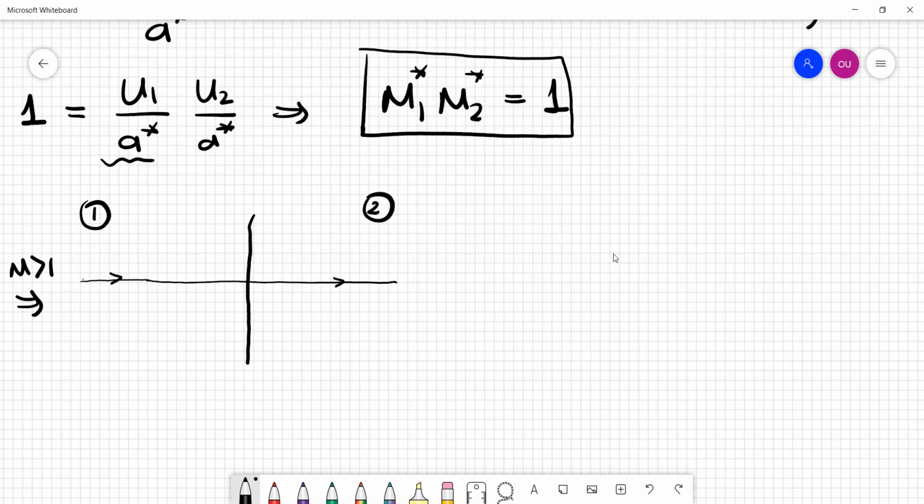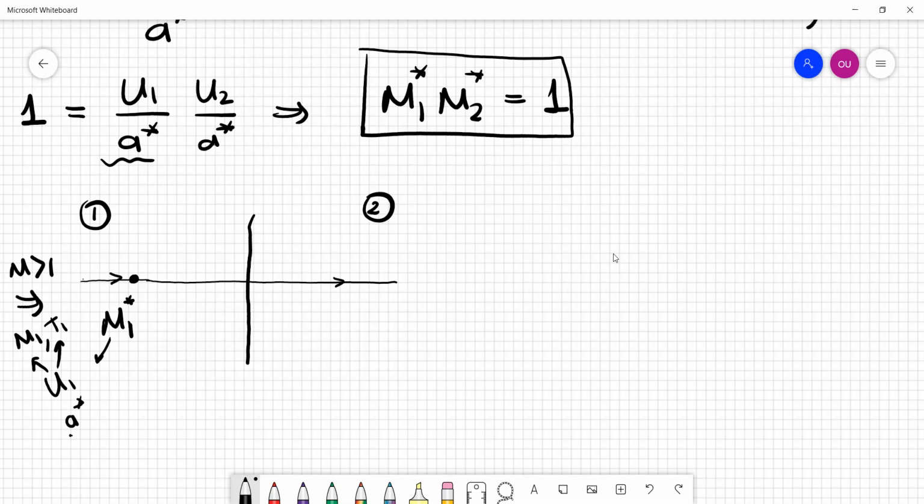And if we know, for example, in the first state, the M star value, which can be calculated, because M1 star means that you need to know U1 and you need to know the A star value. U1 is related to the local Mach number, if this is given, and local T1, so you can calculate U1. A star can be calculated through T star, and T star is a function of Mach number. So everything can be calculated.